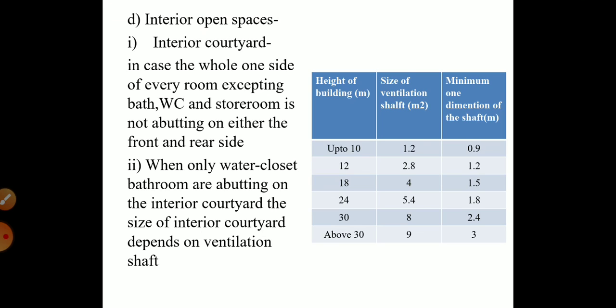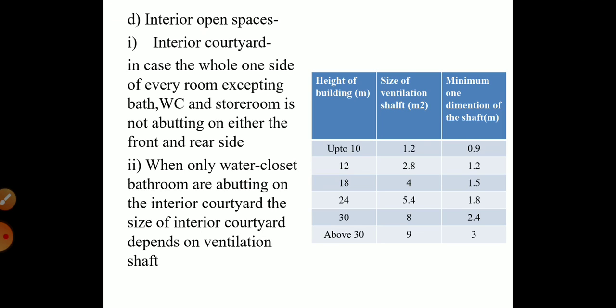Okay, so next in residential building, the next open space is interior open space. In interior open space, there is an interior courtyard, ventilation shaft, and outer courtyard. In outer courtyard, there are other buildings, educational buildings, assembly buildings, business, storage, and industrial buildings.